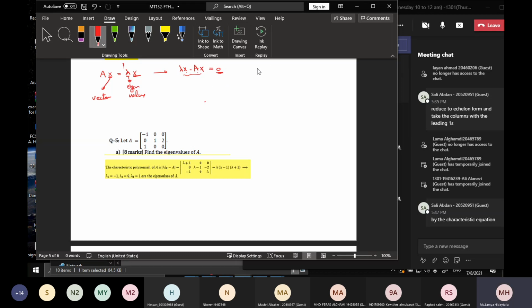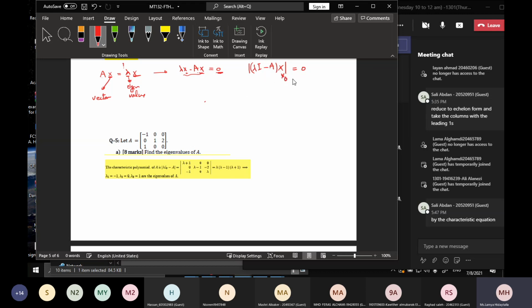So that means, taking x as a common factor, (lambda I minus A) x, this determinant is equal to 0. And this x, we said from the beginning, is not a zero vector.